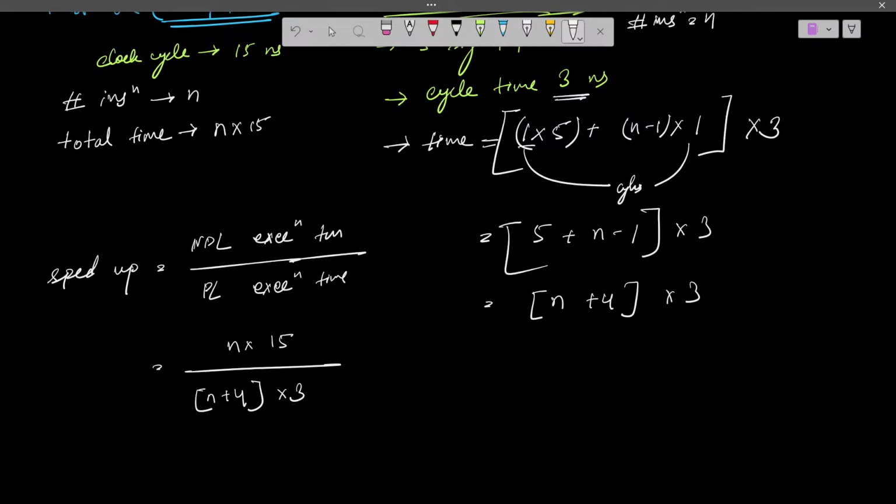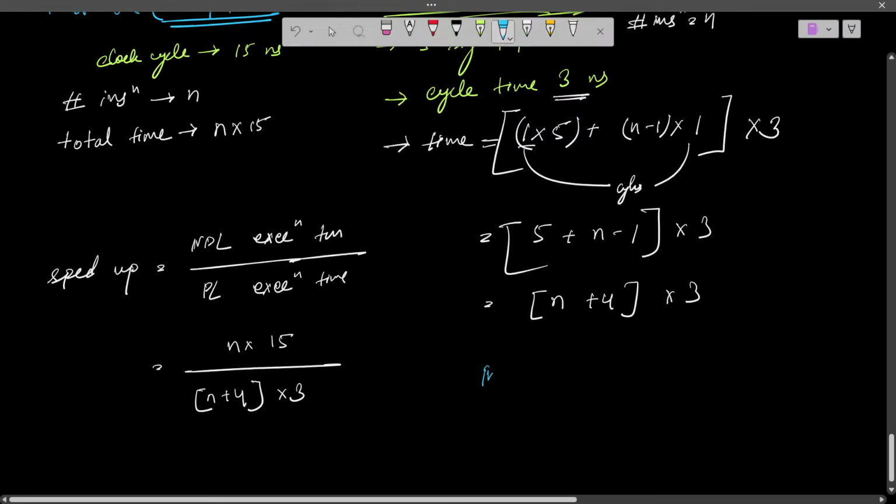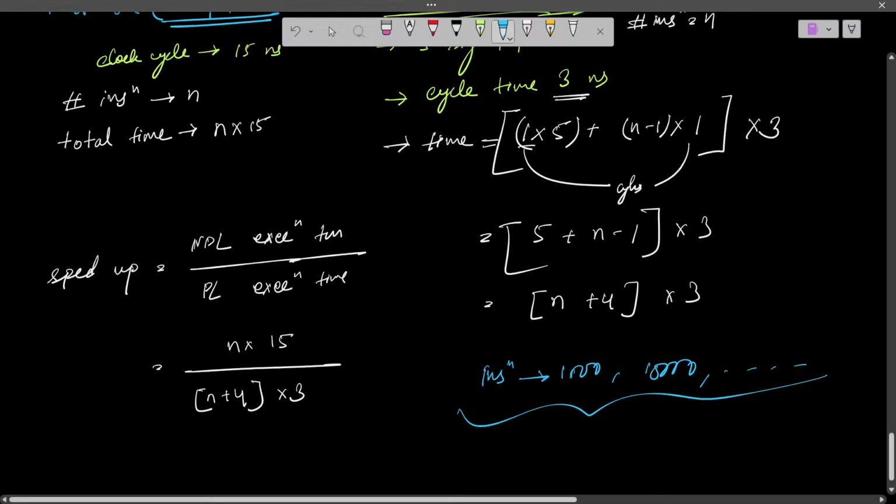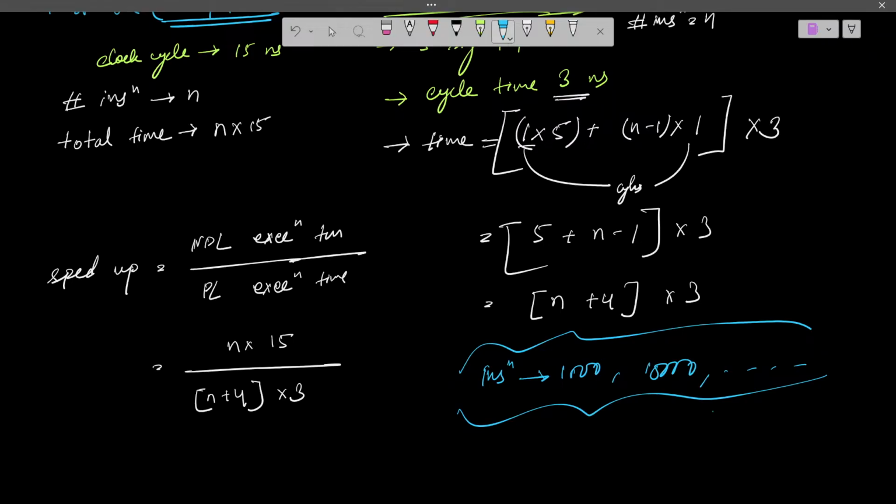Now the catch is, generally we know that the number of instructions is in the range of 1000, 10,000, and very large, like in a CPU when a program is running, it takes millions of instructions.